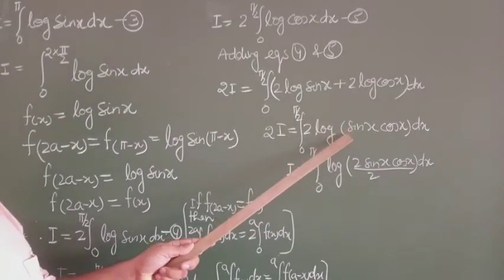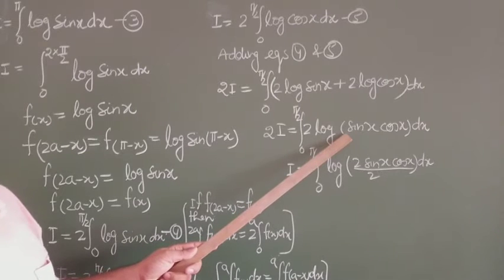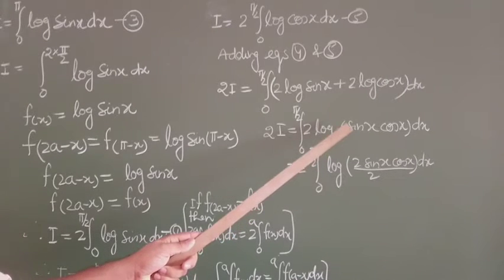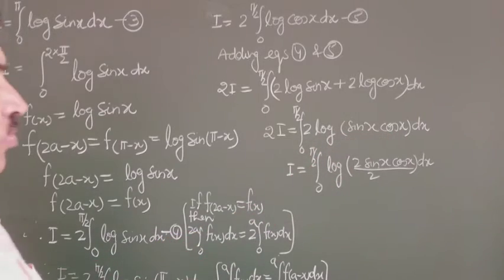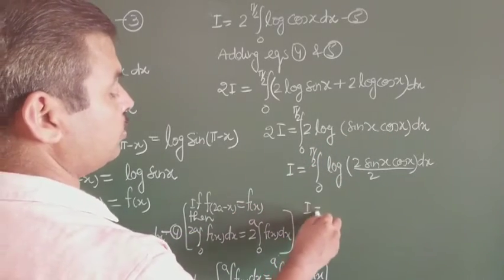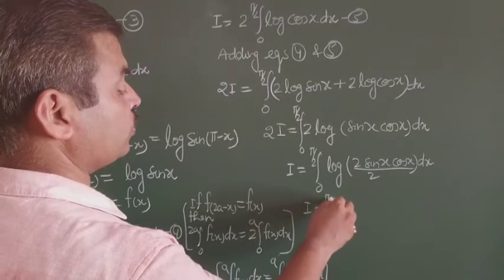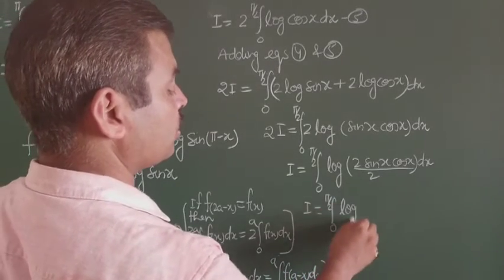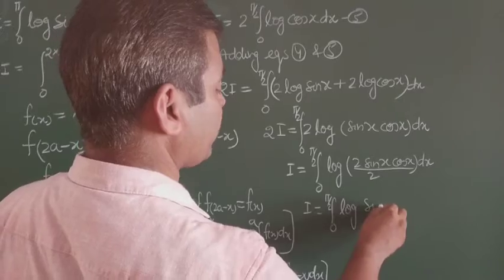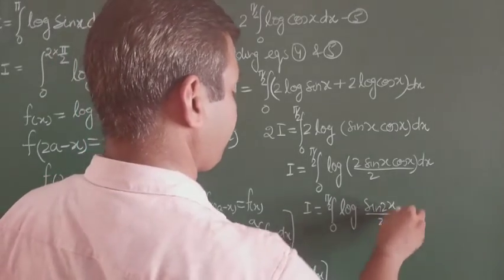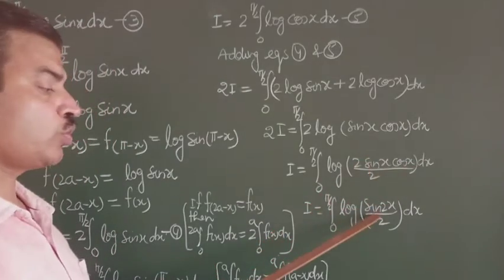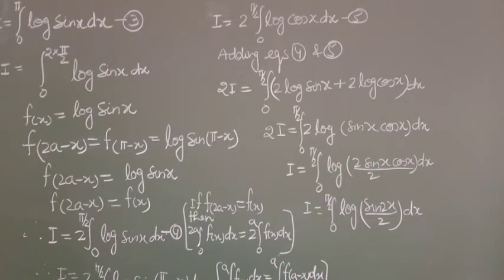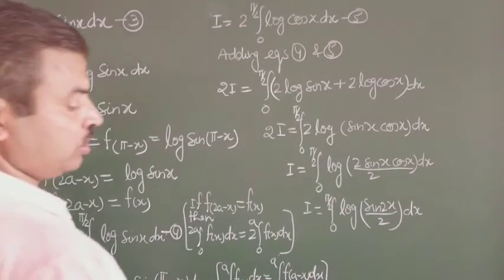We are going to multiply inside by 2 and divide by 2, so that it will be the formula of sin 2x. So I equals to 0 to pi by 2 log sin 2x upon 2, because we know that 2 sin x cos x equals to sin 2x.